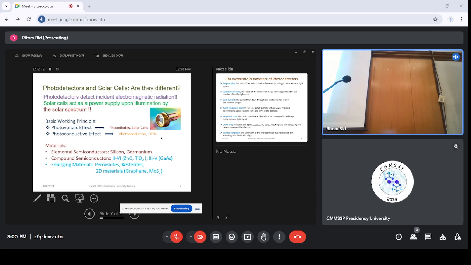So they can detect basically the UV range of light. III-V compound semiconductors like gallium arsenide are very popular for optoelectronic applications because of their very high electronic mobility, so the device becomes faster. And some emerging materials like perovskites, kesterite structures like CZTS, and 2D materials like graphene and MoS2 are being used recently for device applications.